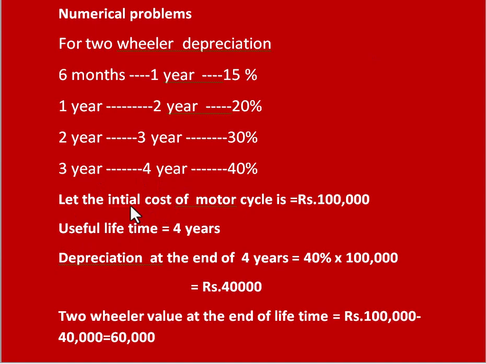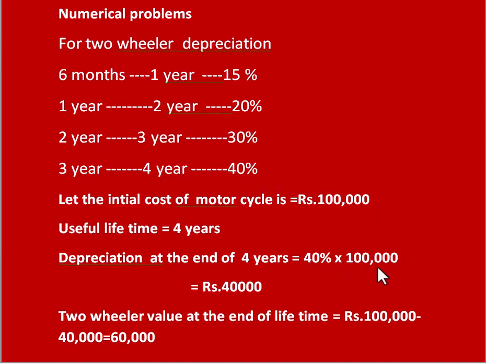Let us take a new problem here to understand the depreciation. Let the initial cost of the motorcycle be 1 lakh. Let the useful lifetime of the motorcycle be 4 years. Then depreciation at the end of 4 years as per this law, that is 3 to 4 years, means 40%.